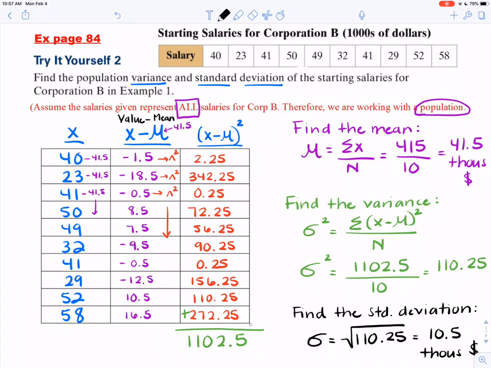All right, now I want you to go ahead and do a little bit of practice with this variance formula. Just go into your practice problems and look at the problems that ask you to do variance and standard deviation for a population.